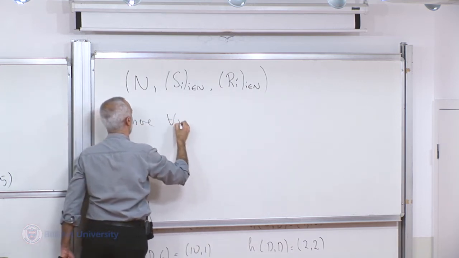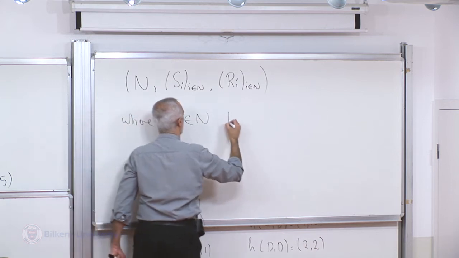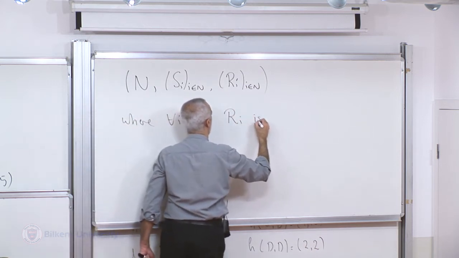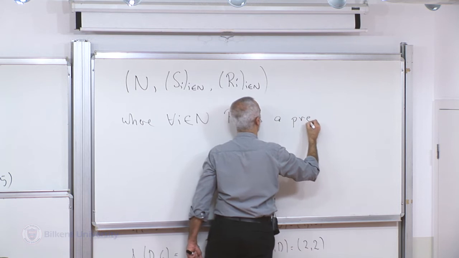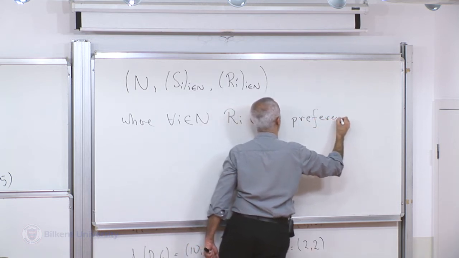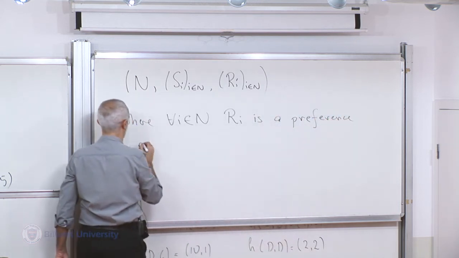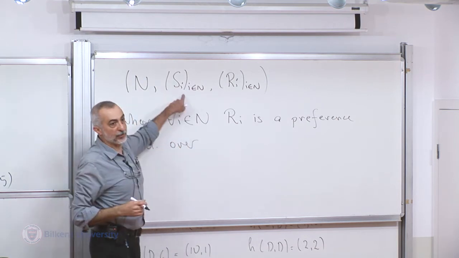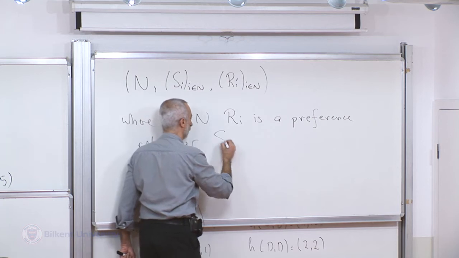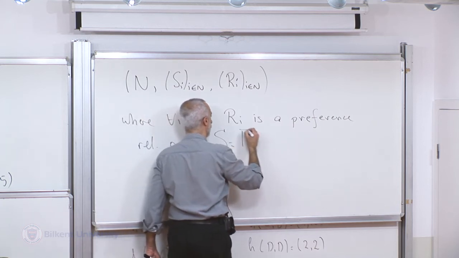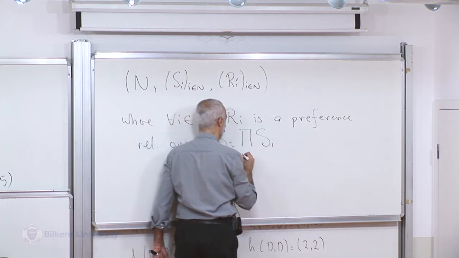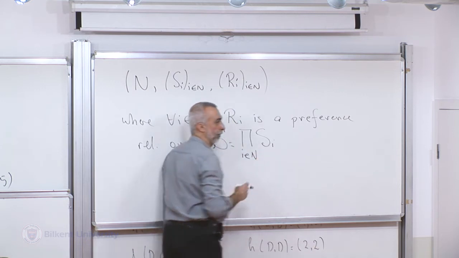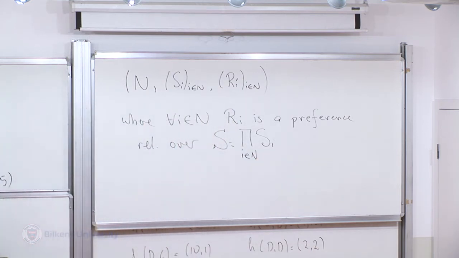Where for each agent, Ri is a preference relation over the set of strategy profiles S, which was the Cartesian product of the strategy sets of agents. Okay. Again, we will abuse notation. We've become very abusive in this class.